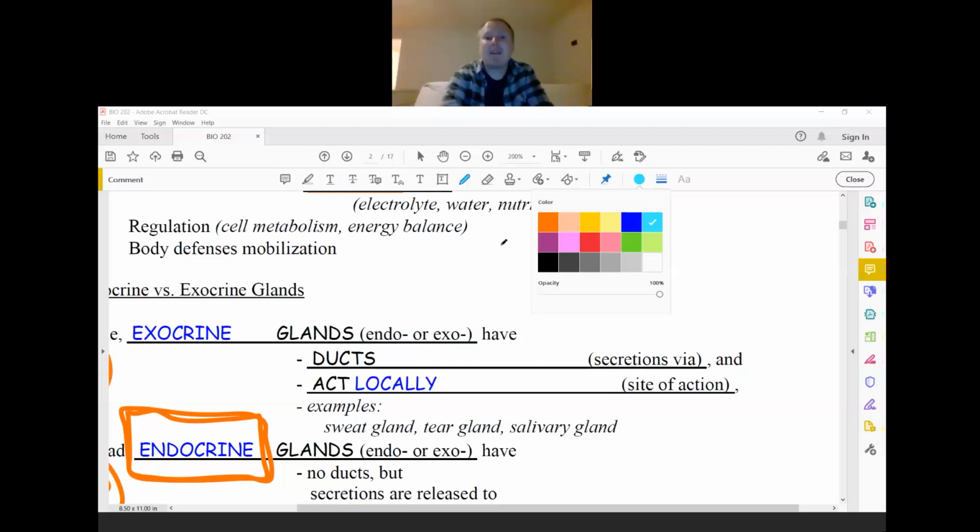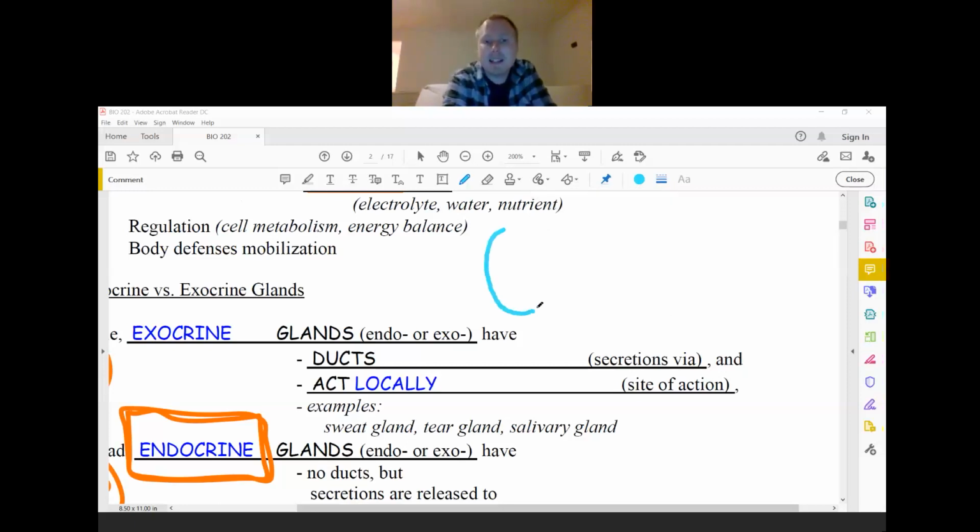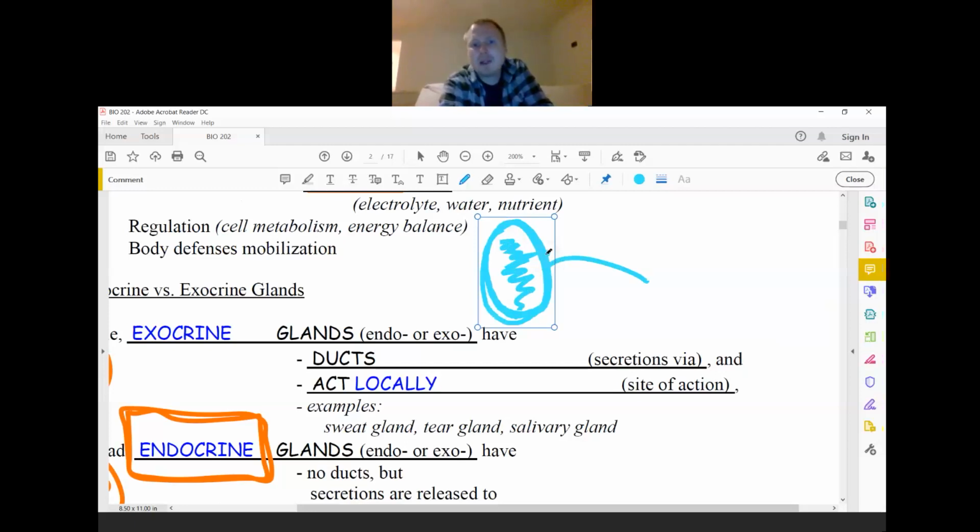All of these have a very clear, distinct gland part, where these secretions are produced. And once these secretions have been produced, they do get released, but they get released through a duct. And that duct takes these secretions to the target location where these secretions will act.